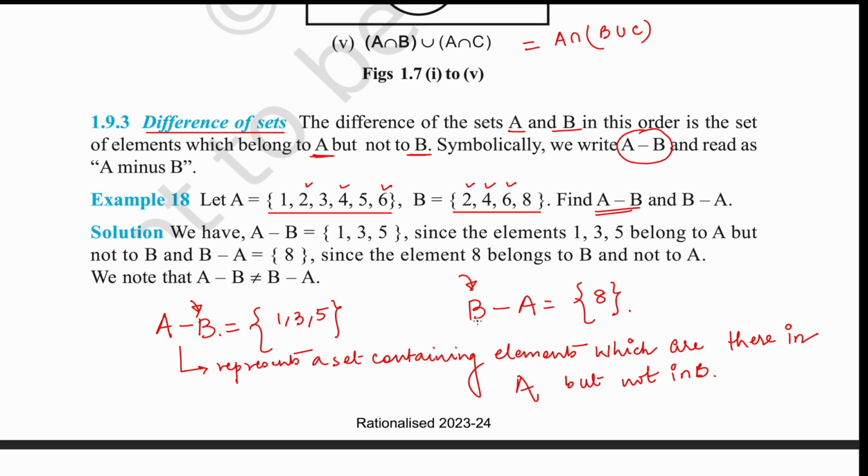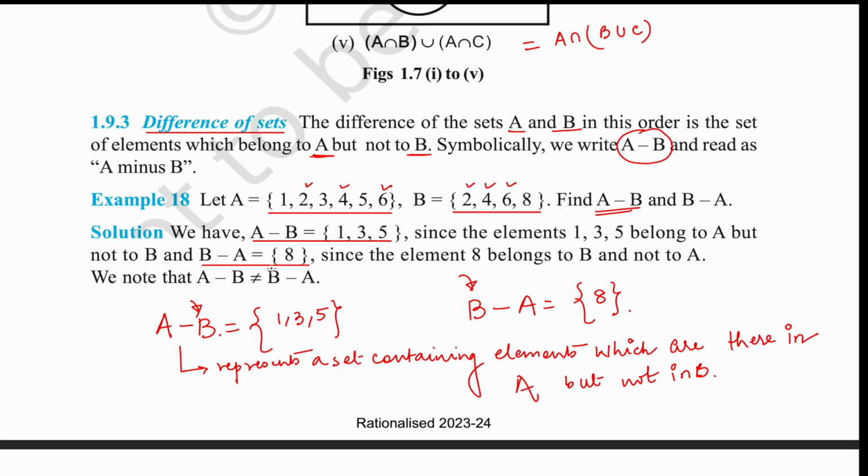And similarly, when you are trying to find B minus A, you are trying to represent a set containing elements which are there in B but not in A, right? And this is how you'll get your answer. So you have your A minus B as 1, 3, 5 and you have your B minus A as only 8.